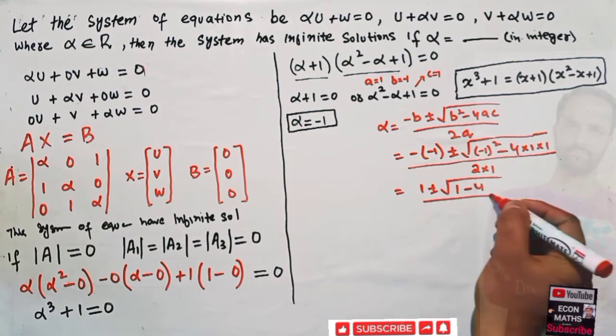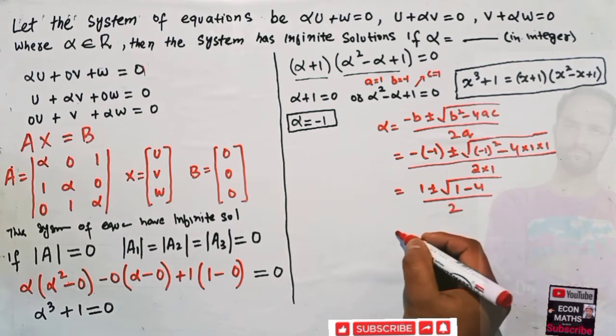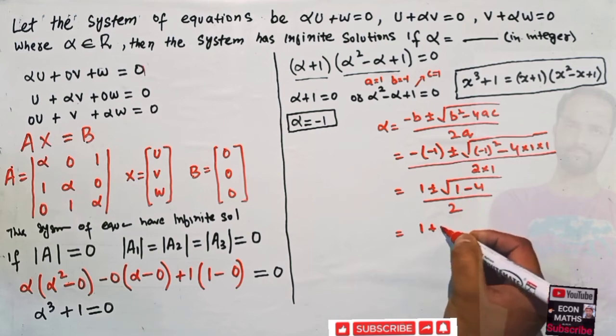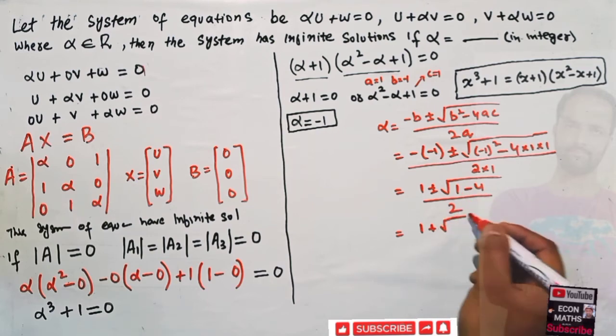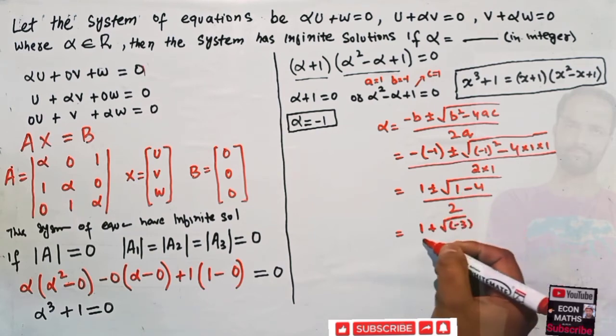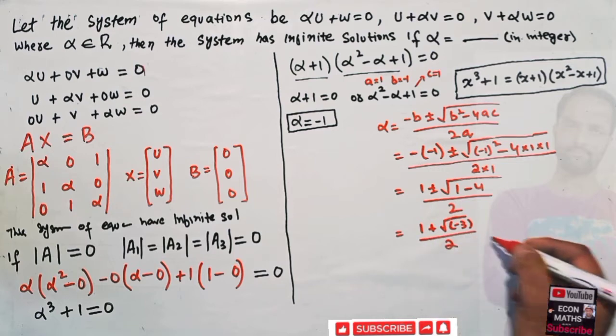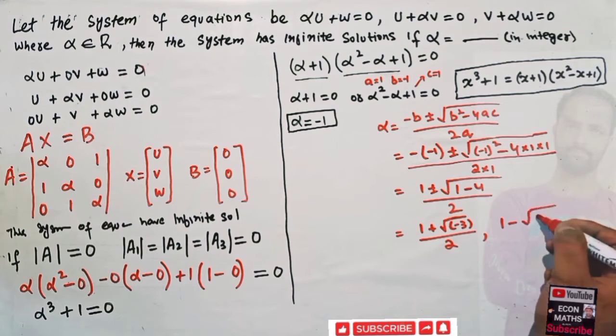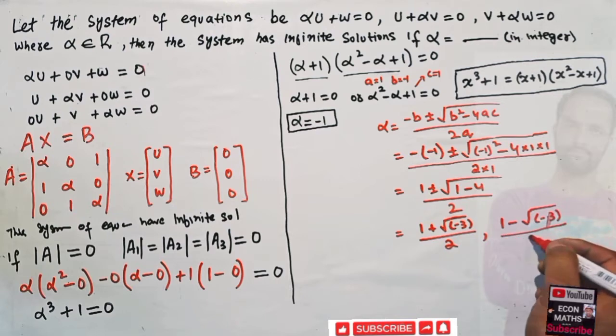minus 4 upon 2, which implies we have 1 plus under root of 1 minus 4, that is minus 3, upon 2, or we have another value, 1 minus under root of minus 3 upon 2.